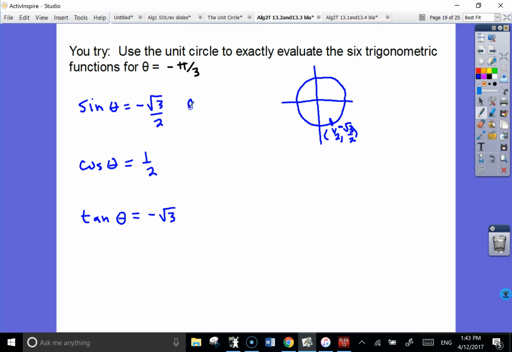Then we have cosecant, the flip of this, which, again, we did yesterday, negative 2 square root of 3 over 3. And the secant, 2. And the cotangent, if you flip it, you get negative 1 over the square root of 3, and you rationalize, you get negative square root of 3 over 3.